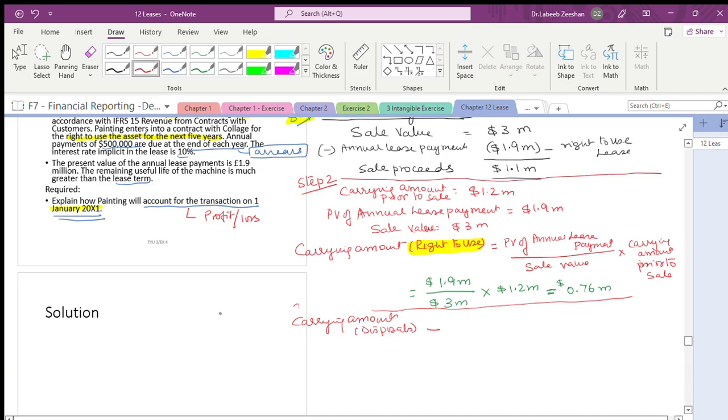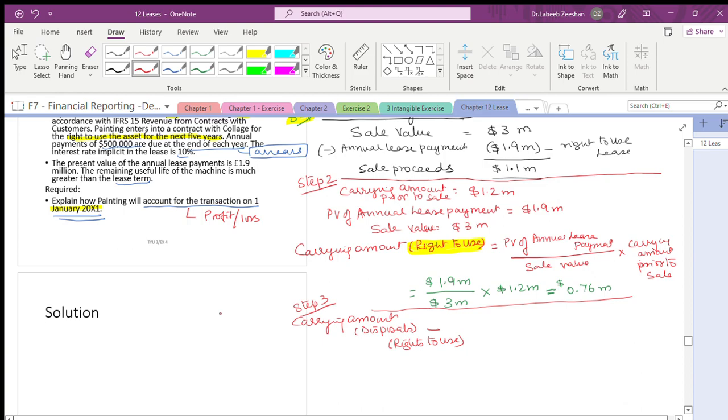This is step 3. In the end, we will integrate all these things. Step 3. How much did we get? Sale proceeds on disposals, rights to use. The same thing will happen.